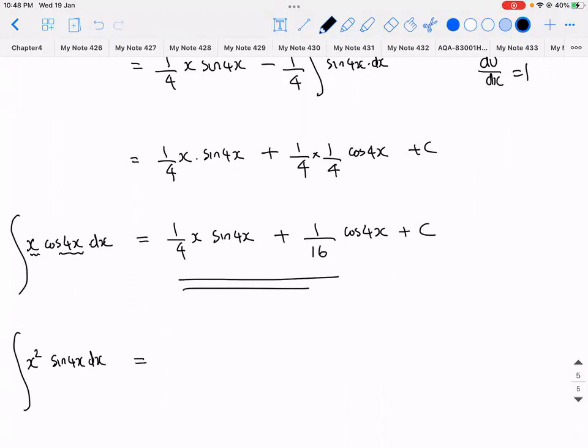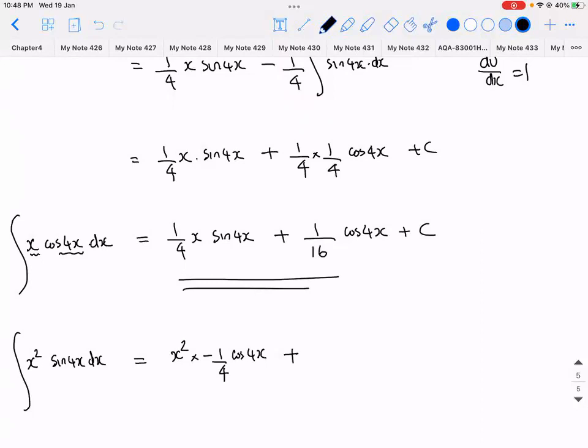First you write x square, and then we integrate sine 4x. The integral of sine 4x is minus 1 by 4 cos 4x, correct?